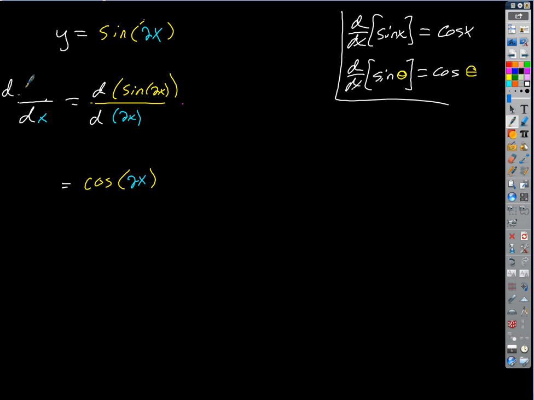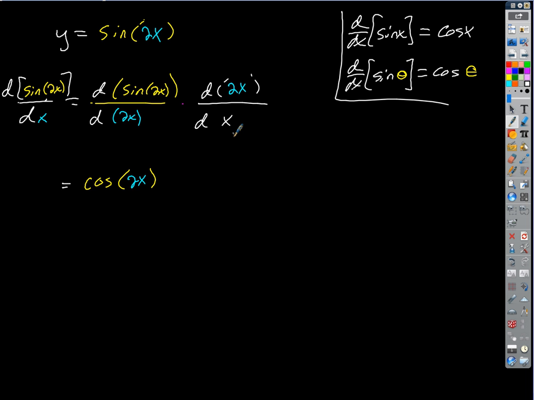So we're taking the derivative of sine 2x with respect to x, right? We're differentiating sine 2x. So there's the first link in the chain. What do I have to multiply that by if I want my result to be this? The derivative of 2x over the derivative of x, right?